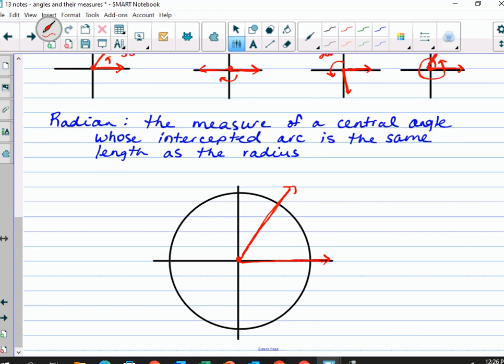So the angle that I've drawn, the part of the circle that it cuts out, kind of like the crust of your piece of pie, if you were to cut out that piece of pie, that is your intercepted arc. That is the intercepted arc.